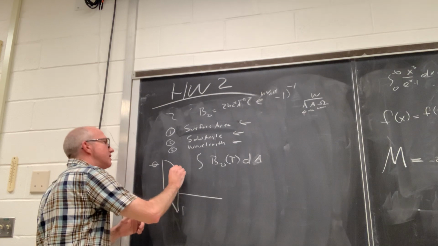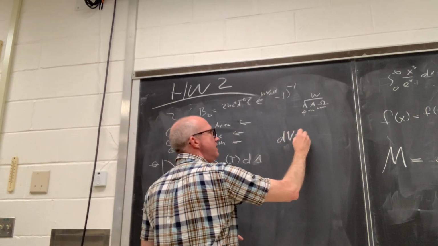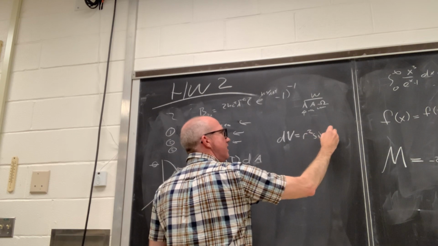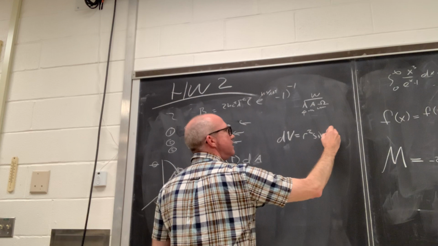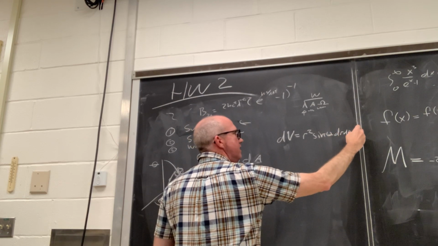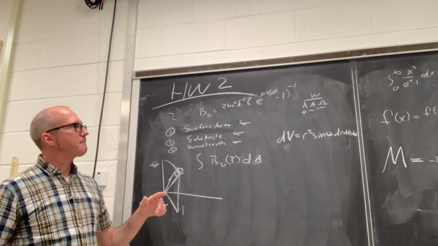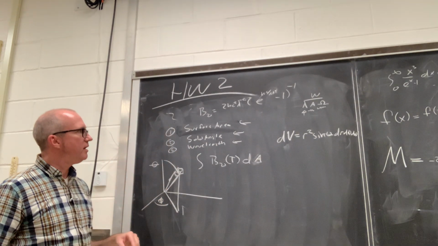We get a little box. The little volume element, dV, is r squared sine theta, dr, d phi, d theta. Okay, so this is what a volume element is in my universe.